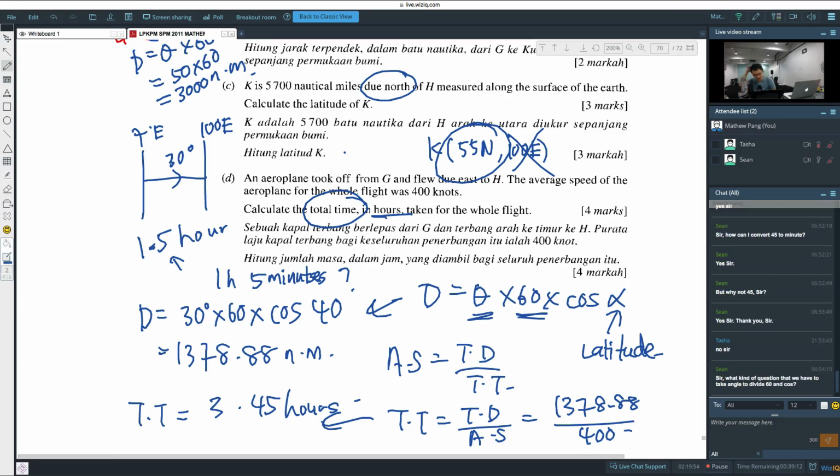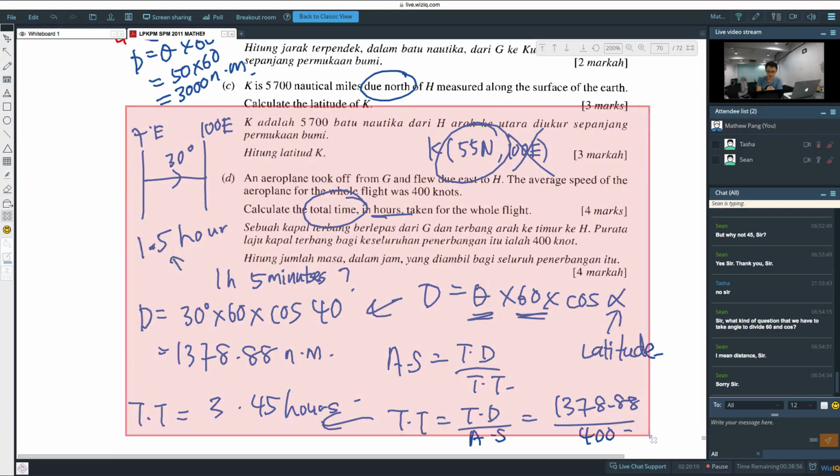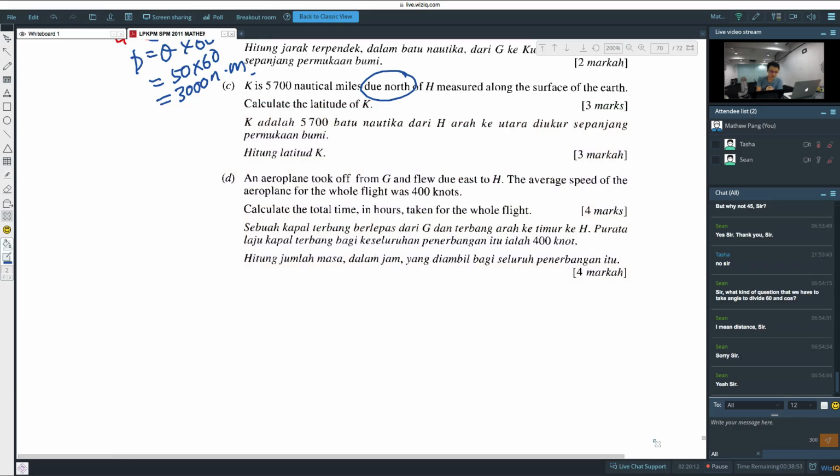Normally, distance equals angle multiply 60 multiply cos alpha. Let's say in this case you want to find the angle. You are given the distance, but you want to find the angle.